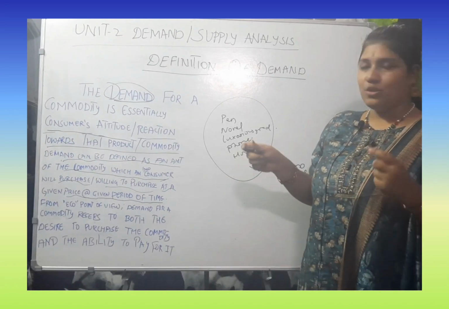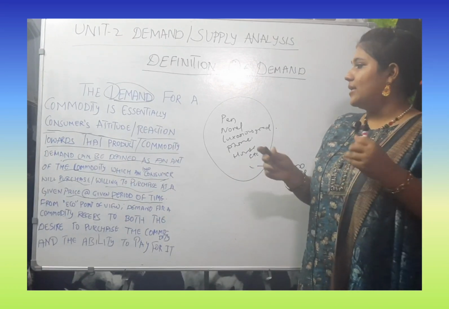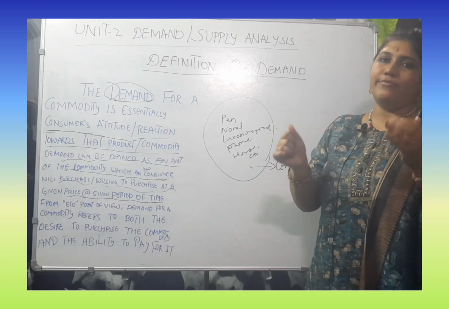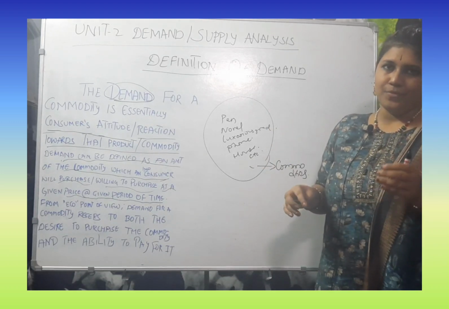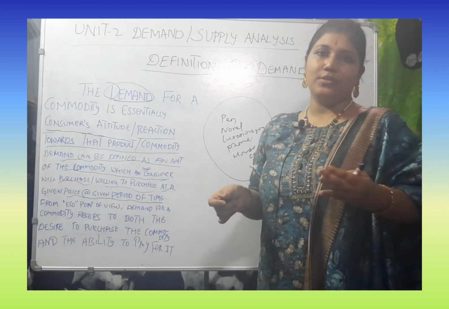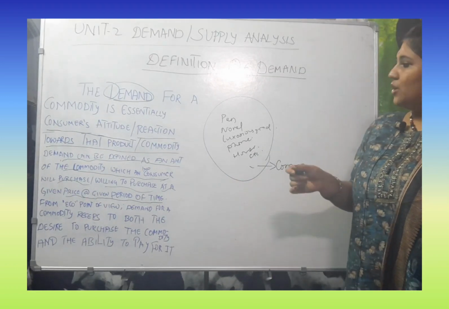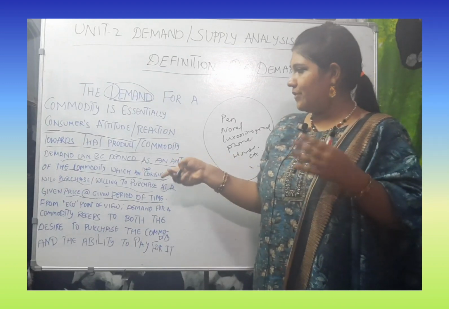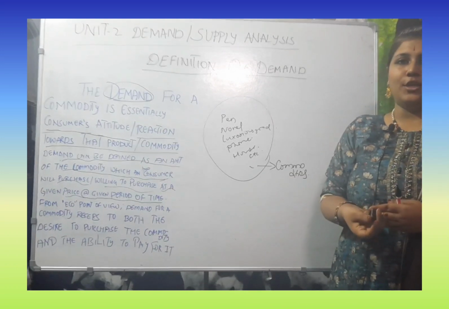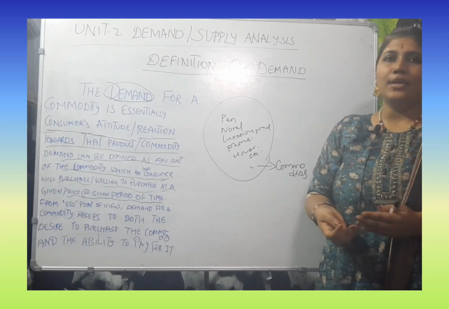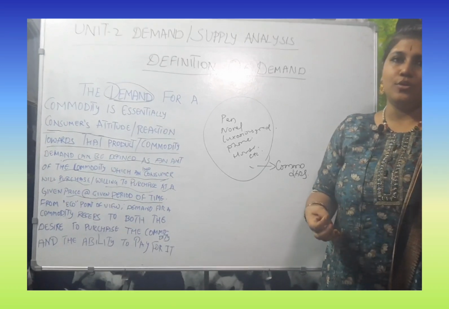So again it says that demand can also be defined as an amount of commodity. The amount may be 20 rupees to 2 lakhs, whatever it is. The individual wants to purchase or is willing to purchase at that particular time and period, and that cost will also affect it.